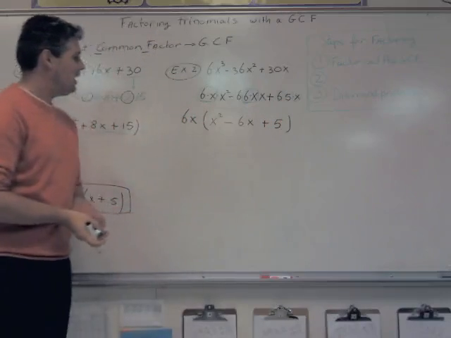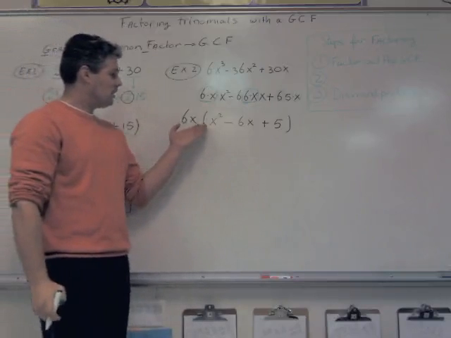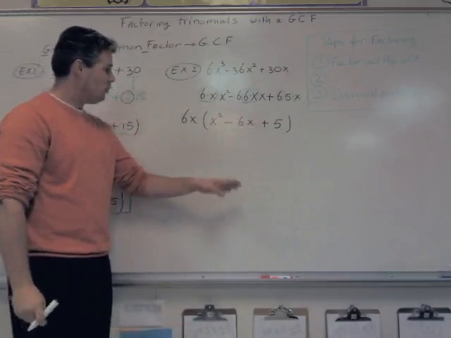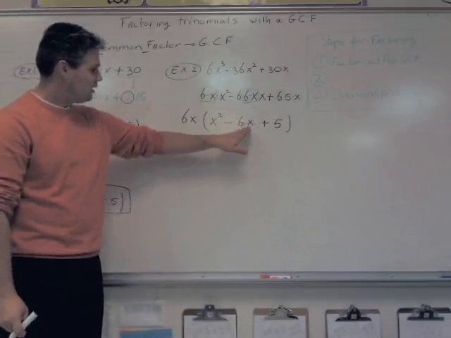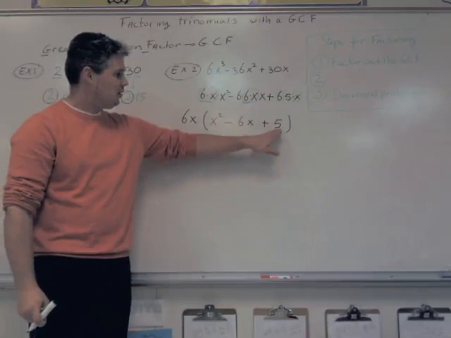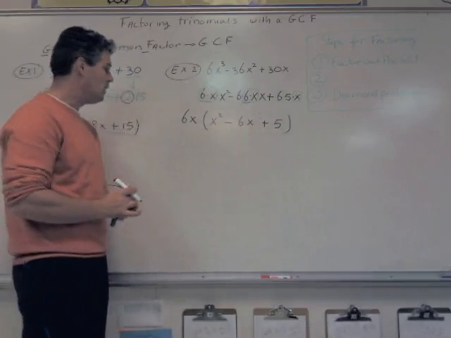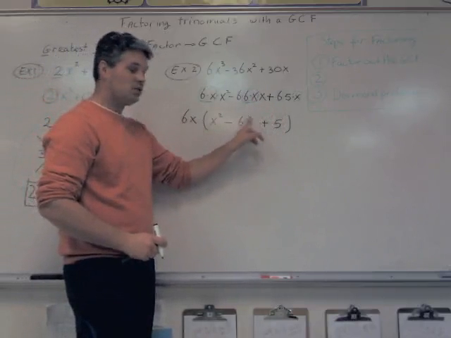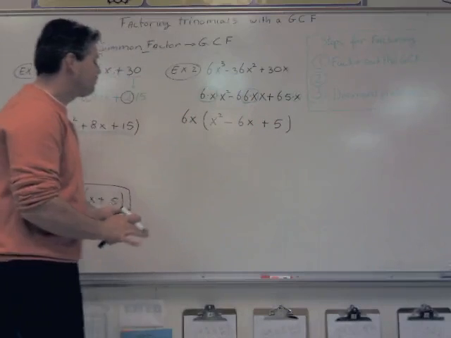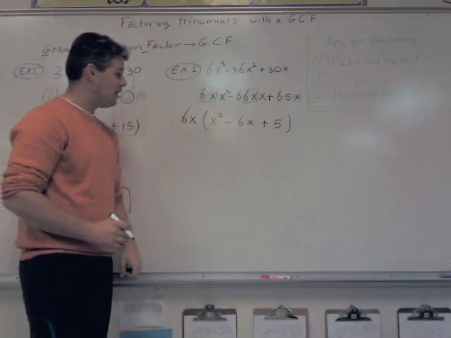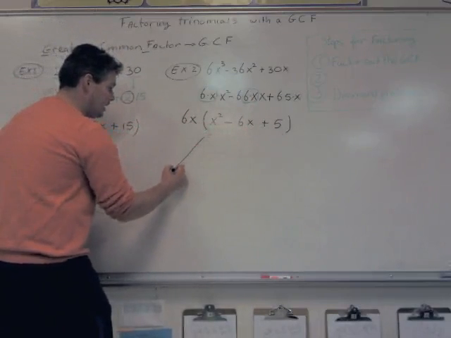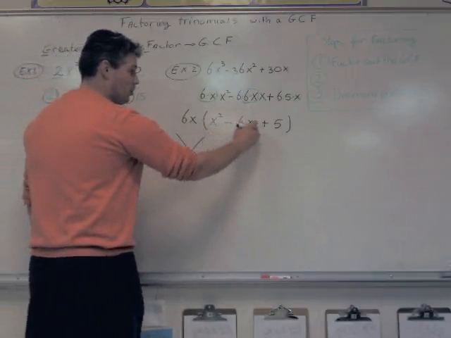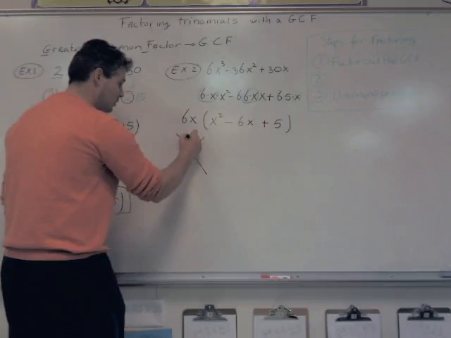And now we have a trinomial that should start looking familiar to you, where I have a first term with an x squared, a middle term with an x, and a third term that has no variable. Or, like we saw earlier, it could have a y squared if there's a y here as well. But this is a trinomial we can factor using a diamond problem. So the last term, 5, goes in the top.